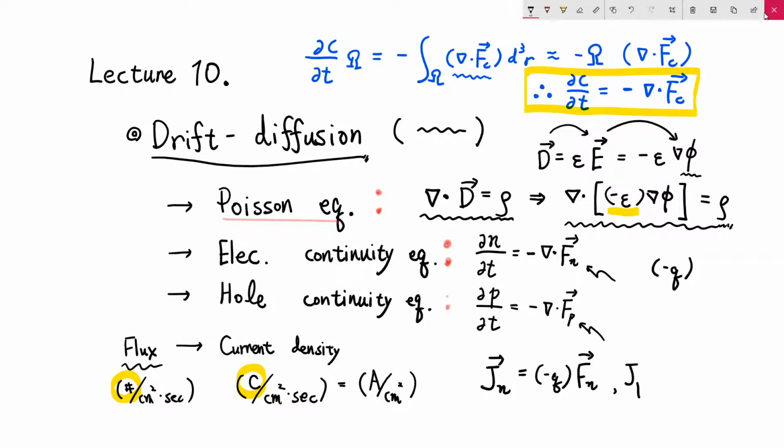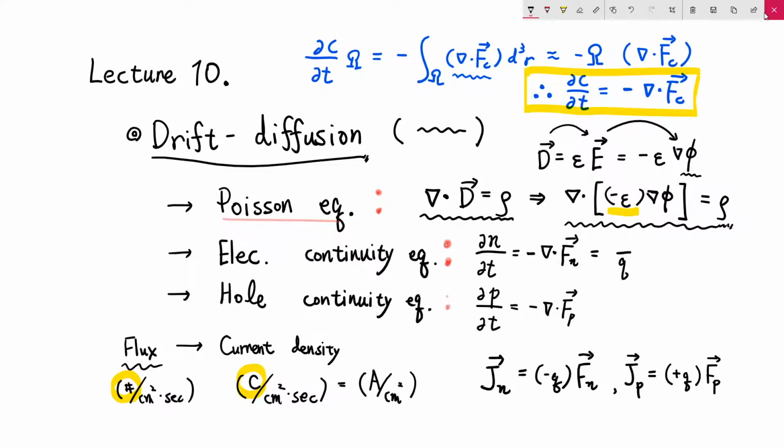In the case of a hole, instead of a minus q, it carries a positive q. So Jp is equal to positive q multiplied by Fp, the hole flux. Then, since we have opposite signs for minus q and positive q, when we evaluate this right hand side term in terms of Jn, we will have a slightly different form.